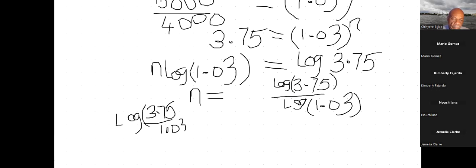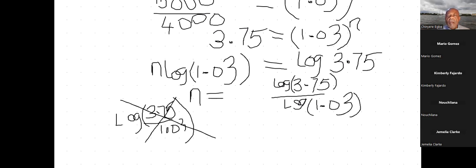So I looked it up and the log of 3.75 is 0.5740. Hold on to that thought. See what I put on the side is crossed out. We're not talking about the log of 3.75 over 1.03. No, that is wrong. This is the correct thing: the log of 3.75 calculated separately, and the log of 1.03 calculated separately.